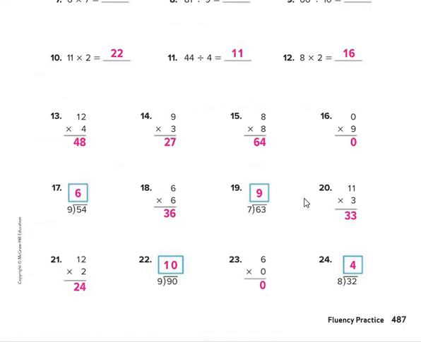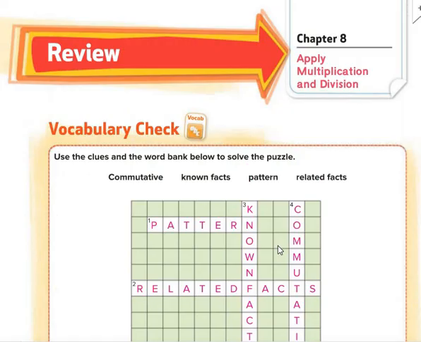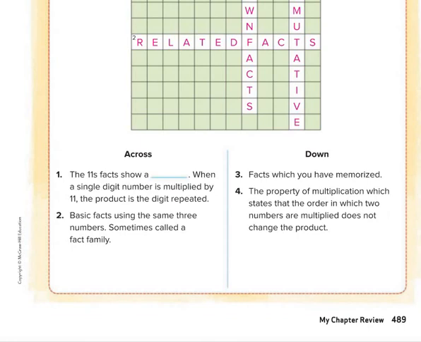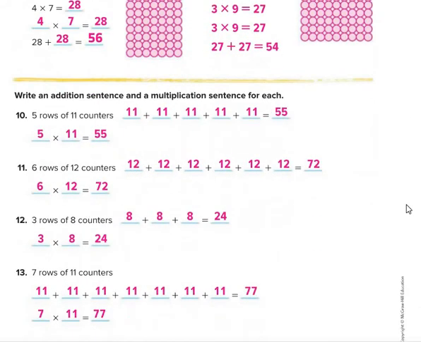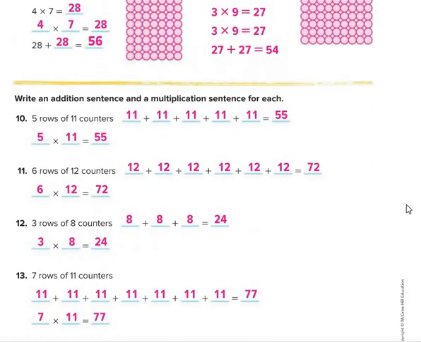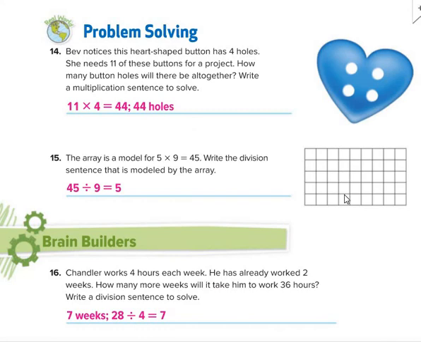And here you can check my review and the fluency practice, page number 487 and page number 488. And this is the review, page number 489, page number 490, page number 491.